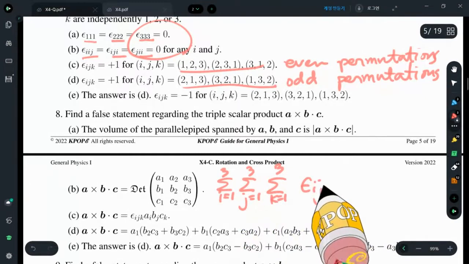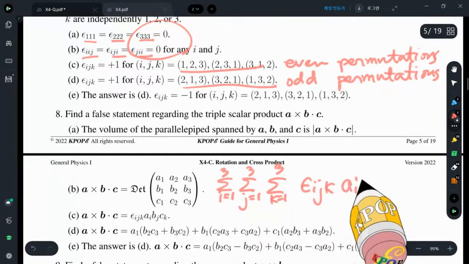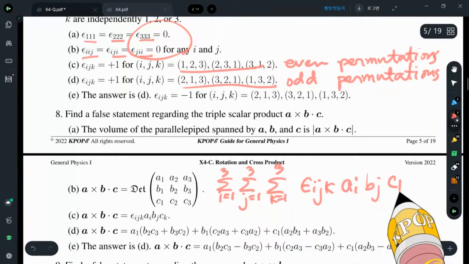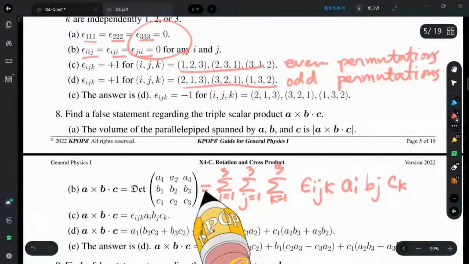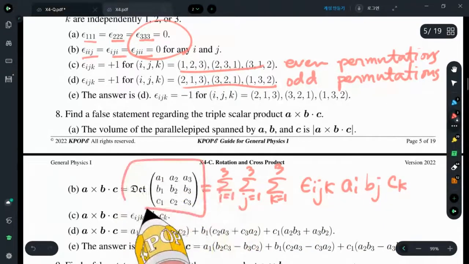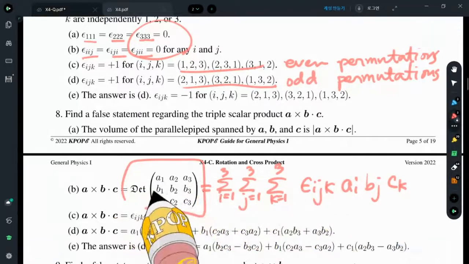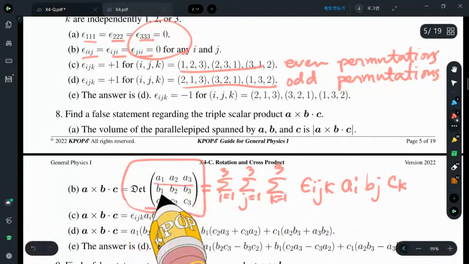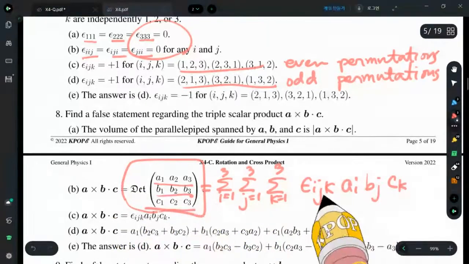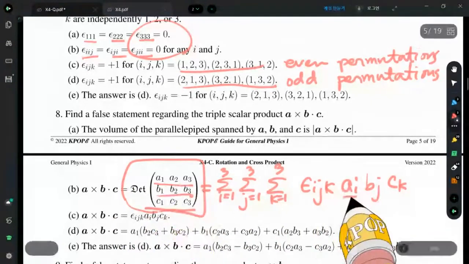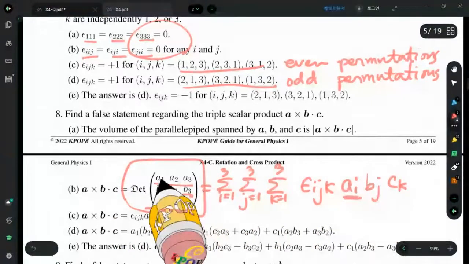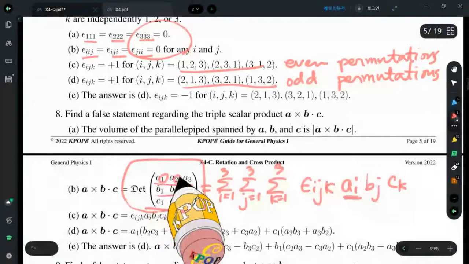Epsilon IJK, A_I, B_J, C_K. This is the determinant of a matrix. This is the first row, second row, third row. Among the first row, you choose one of these 3.